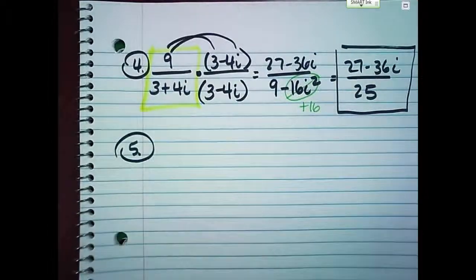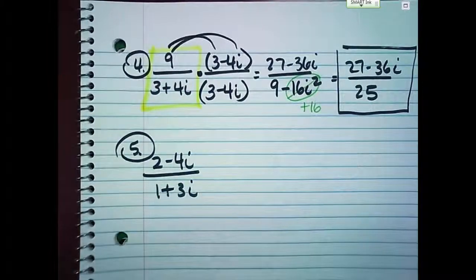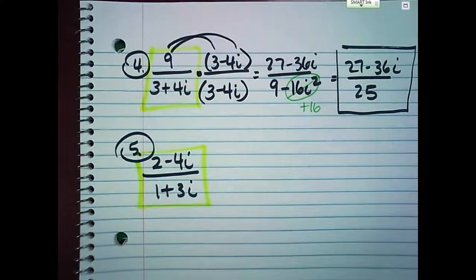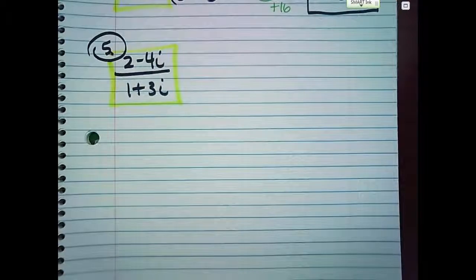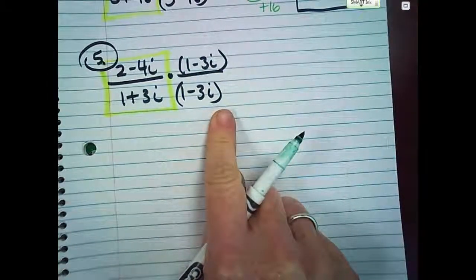Number 5. 2 minus 4i over 1 plus 3i. If I multiply by the conjugate, which it looks like that's what most of you are doing, in the denominator it's the same, first and last.